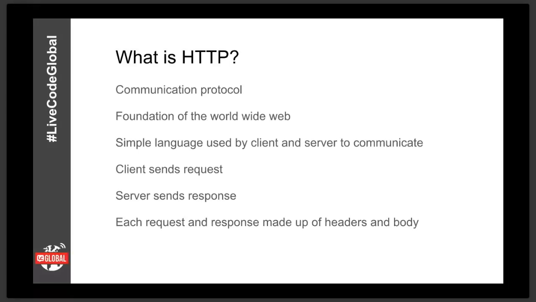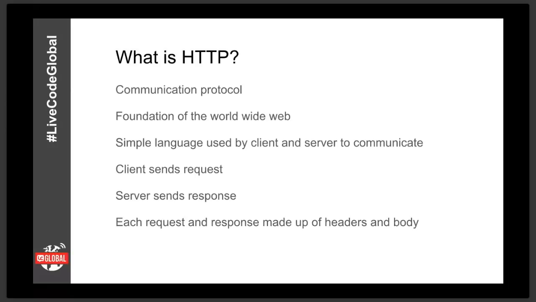So, for example, when you're fetching google.com, the request header will say, I want to fetch google.com. That tells Google's server what you want to fetch. But the body will be empty, and then google.com will return a header and a body, and the body will contain the content of the web page, and the header contains any extra meta information.